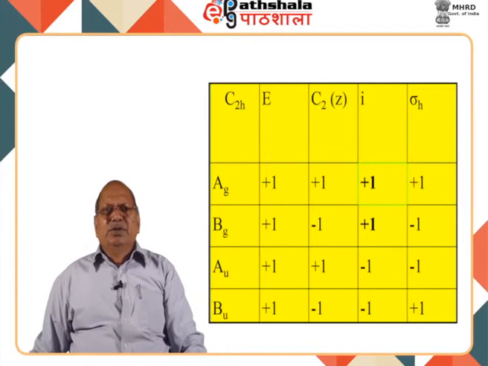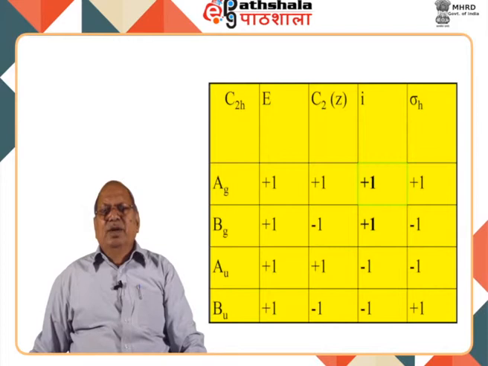Point 7: subscript g, that is gerade, or u, that is ungerade, are given respectively to irreducible representations if these are symmetric or antisymmetric with respect to the center of inversion, that is i.